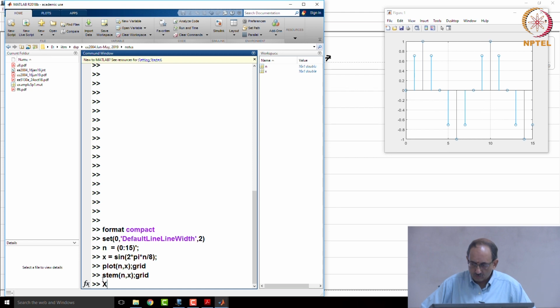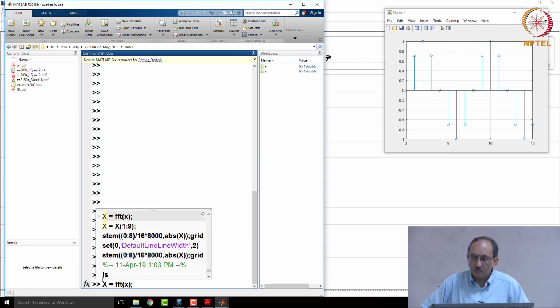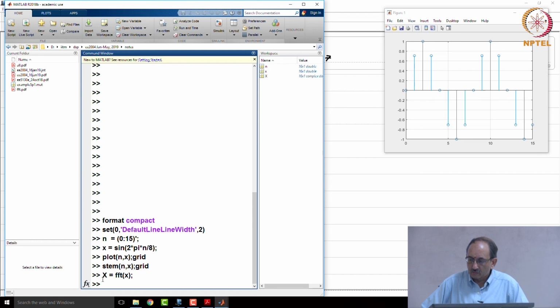And then we looked at the spectrum, and the DFT in MATLAB is implemented using the FFT algorithm. We are going to talk about the FFT algorithm after this.